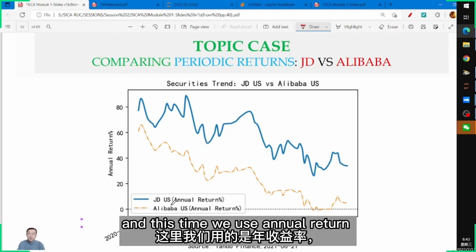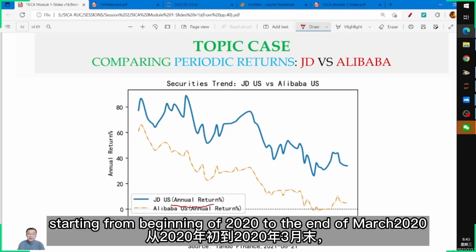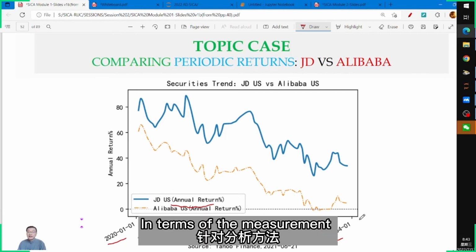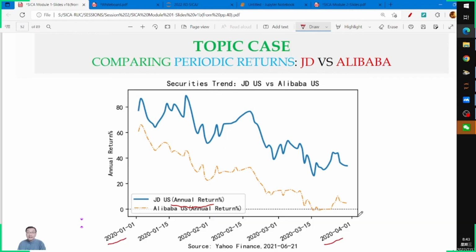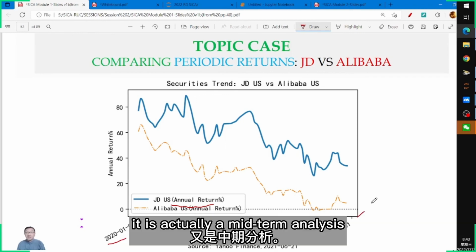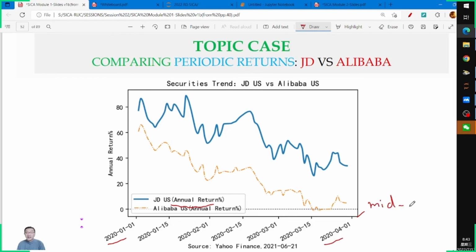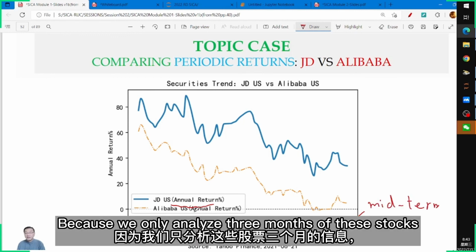And this time we use annual return, starting from the beginning of 2020 to the end of March 2020. In terms of the measurement, it's a long-term analysis. In terms of the period, it is actually a mid-term analysis, because we only analyze 3 months of these stocks.